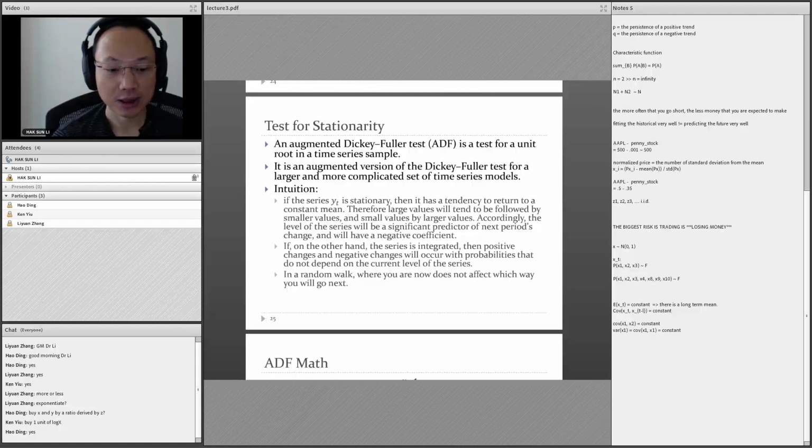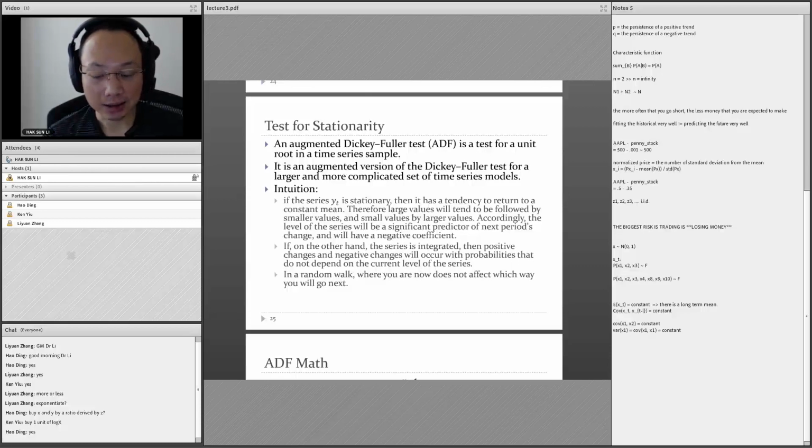So if we see a big y now, we expect delta y to be negative. If y is big, it means it's above the long-term equilibrium, then we expect it to go down, and the change in y, delta y, will be negative. Likewise, if y is very small now, we expect it to go back up, then we expect delta y to be positive.